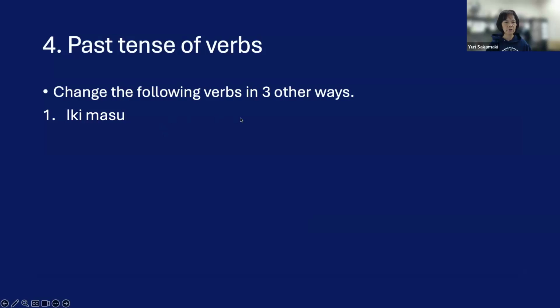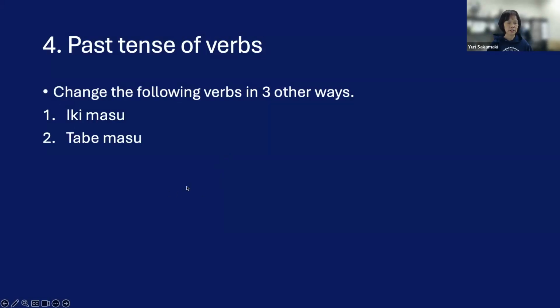All right, so change the following verbs in 3 other ways. So there were 4 boxes. I'll give you 1. So can you change to 3 other ways? So 行きます, to go, 行きません. How about you went? 行きました. And then you didn't go, 行きませんでした. And so forth.